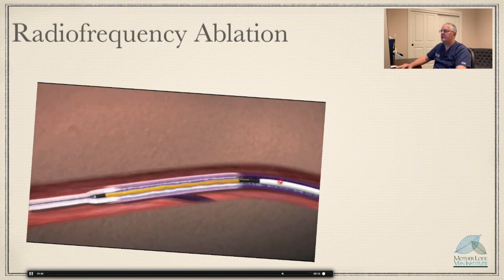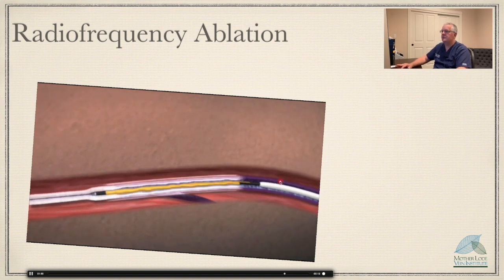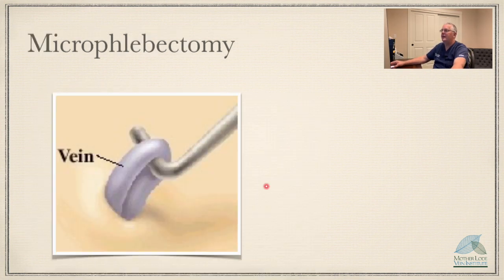So that's how we treat venous reflux disease, with radiofrequency ablation to treat the longer axial veins. The bulging veins that you see on the skin are too tortuous to actually place catheters through, and they're too close to the skin. So those we usually treat with sclerotherapy, or more commonly microphlebectomy, and that's where we actually hook and remove.